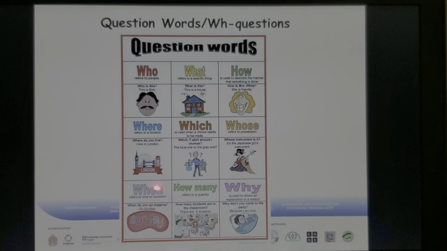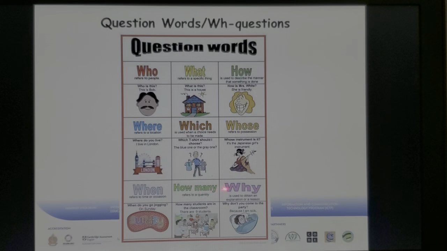Okay. When asks about time or occasion. When do you go home? When does your mom go to bed? Okay. How many refers to quantity. Example, how many brothers and sisters have you got? How many smartphones have you got? How many cars did you have?